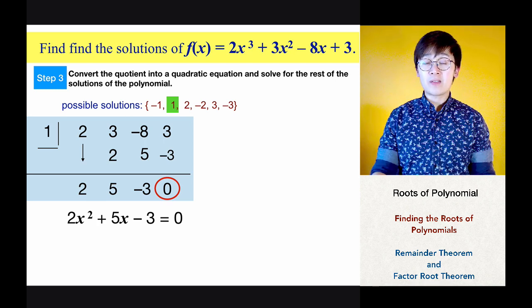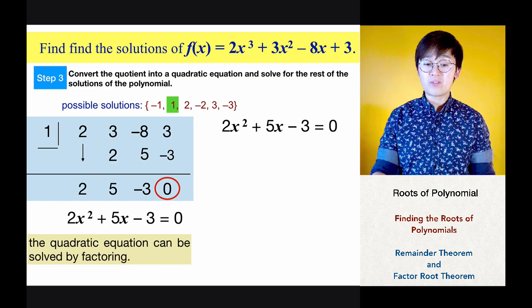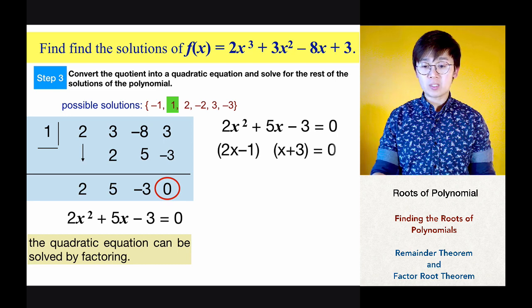And now that we have a quadratic equation, we can use the quadratic formula, the factoring method, or the completing the square method to find the solutions of this quadratic equation. Since this quadratic equation is factorable, we'll use the factoring technique in finding the other two solutions of our cubic function. The factors of 2x squared plus 5x minus 3 are 2x minus 1 and x plus 3.